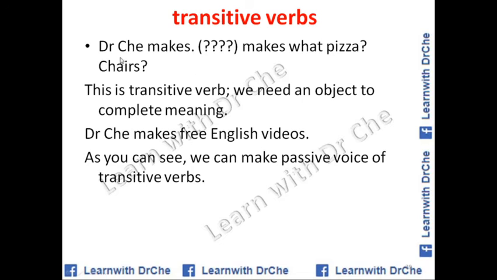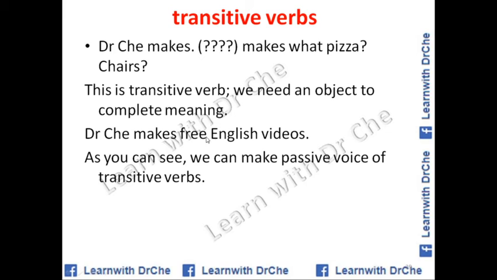For example, Dr. Che makes what? Dr. Che makes pizza. Dr. Che makes milkshake. Dr. Che makes what? Okay, so this is a transitive verb, and we need an object to completely convey the meaning.